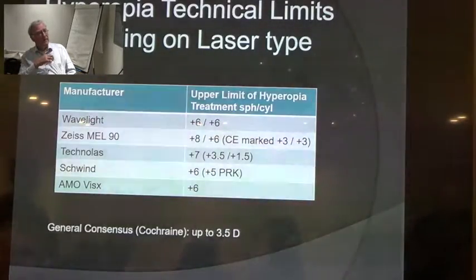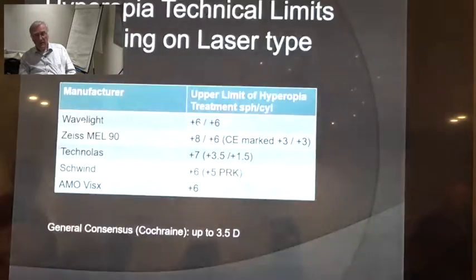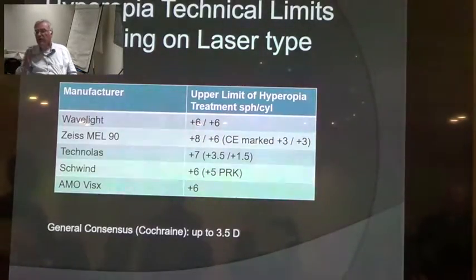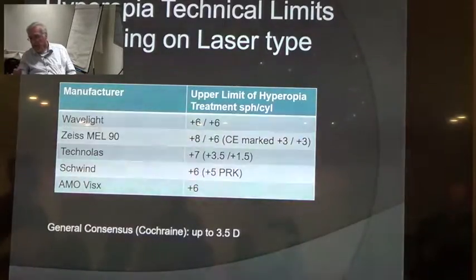And the AMO VISX is +6 diopters. Well, it depends. If you are interested in the different machines and you look at the different papers, they announce what you can do. They offer what you can do. But what you are doing in reality, where the limit is set, is another point.